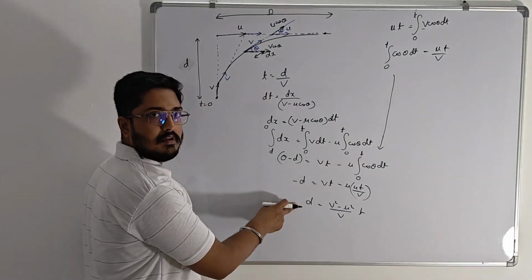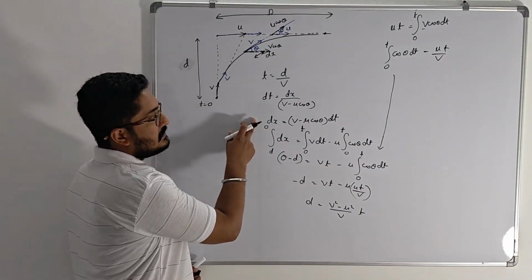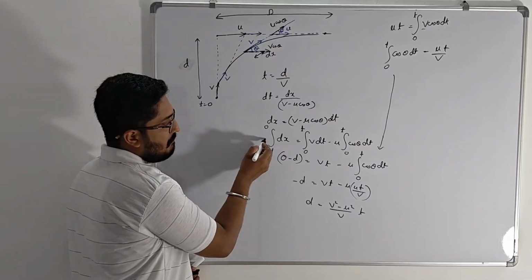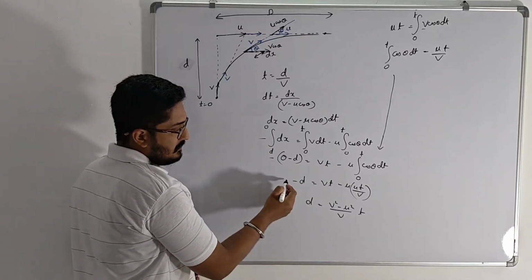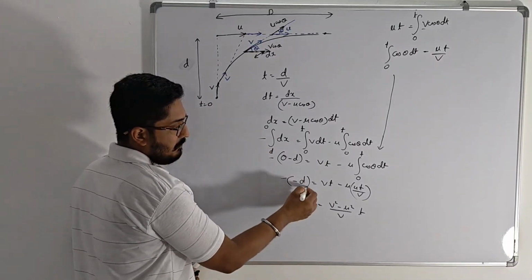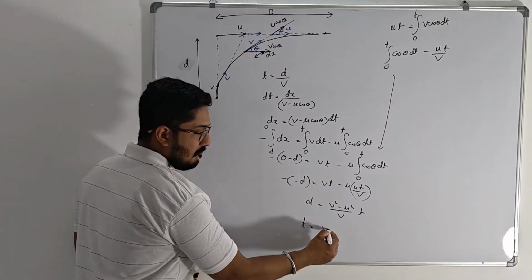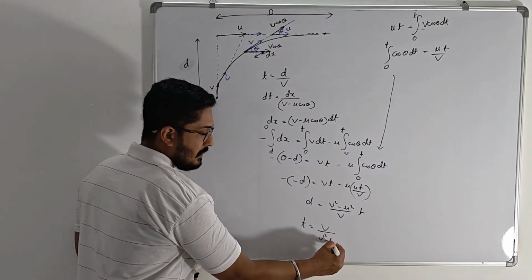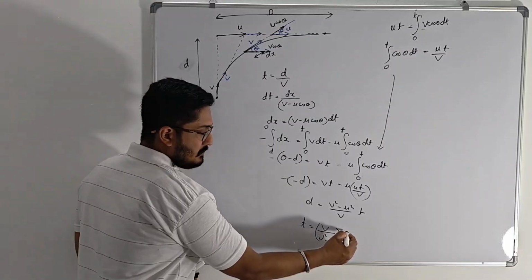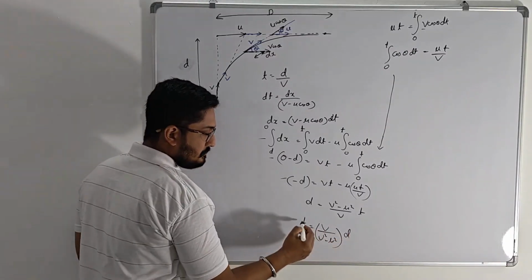Where did the minus go? Remember I told you this dx is a decreasing value, so there should be a minus here. So that minus and minus would become plus. I'll get this, and finally the time is v by (v square minus u square) times d.